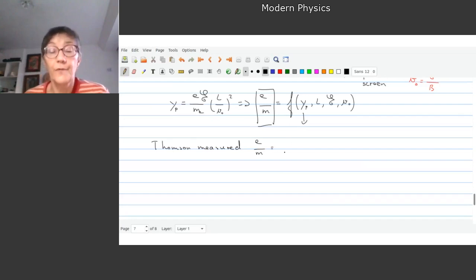Okay, numerical value, this is 1.7588, 10 to the 11, okay, and the unit is coulomb per kilogram, okay.